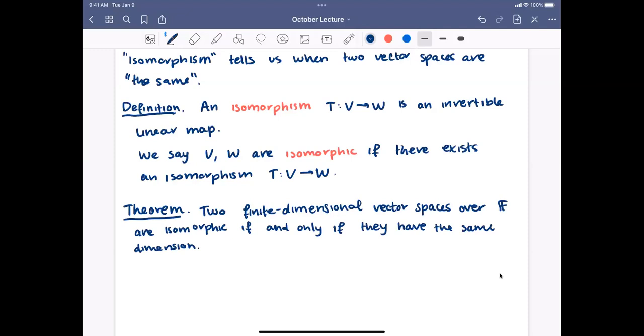Okay, so why is this a big deal? For example, if you continue on to abstract algebra next semester, we'll introduce something called a group, which is just another type of algebraic object. In groups, you also have an idea of when two groups are isomorphic, but we are nowhere close to having a classification for finite groups. That's an open area of active research, with lots of people working on classifying finite groups.